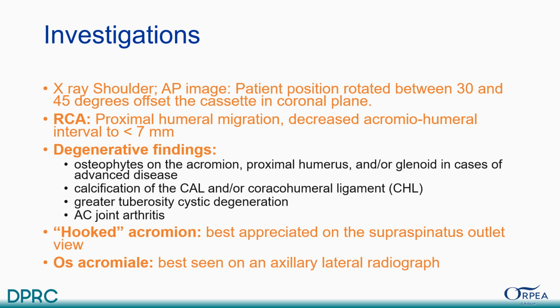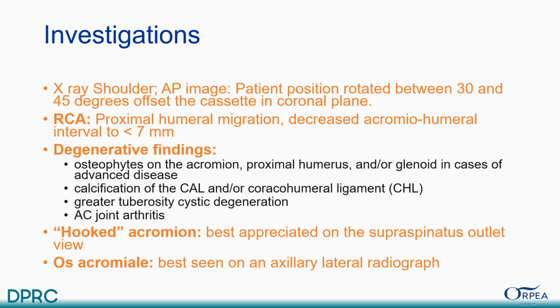And you would find all kinds of degenerative changes, osteophytes in the acromion, proximal humerus and glenoid in cases of advanced degenerative disease. You could also see calcification of the coracoacromial ligament or coracohumeral ligament, then cystic degeneration of the greater tuberosity, and acromioclavicular joint arthritis also seen.